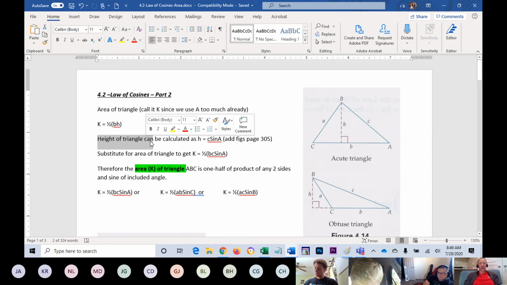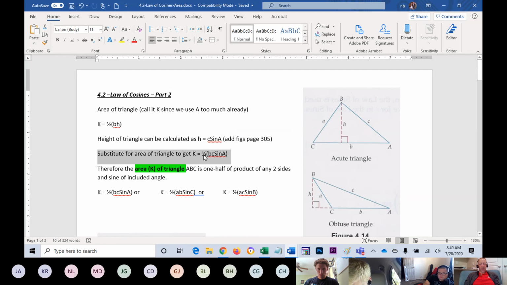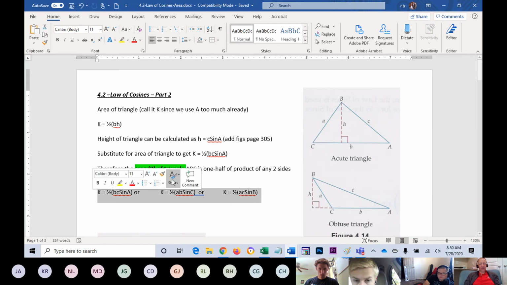So the height of a triangle can be calculated as the height equals C times the sine of A. If we're looking here, your height is C times the sine of this A. So we can substitute that in here. The area of a triangle is going to be 1/2 B times C times the sine of A. We can do that for any such angle.